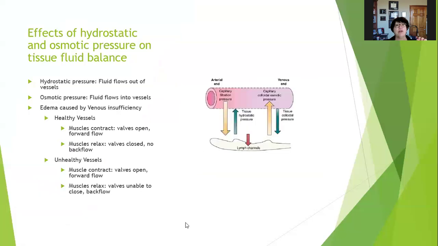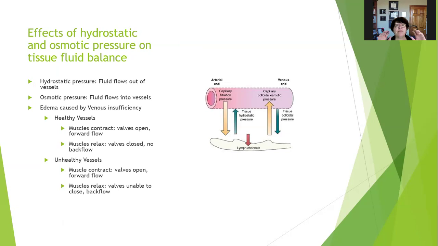So hydrostatic pressure, remember, is the pushing pressure from blood pressure and from muscles pushing on the area, the muscle pump. And hydrostatic pressure causes fluid to flow out of the vessels. Osmotic pressure, fluid flows into the vessels. And so osmotic pressure is a pulling pressure.